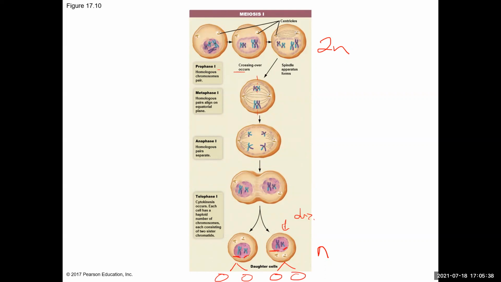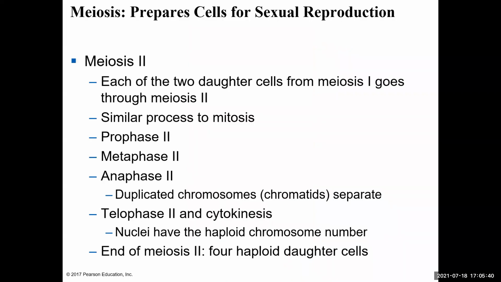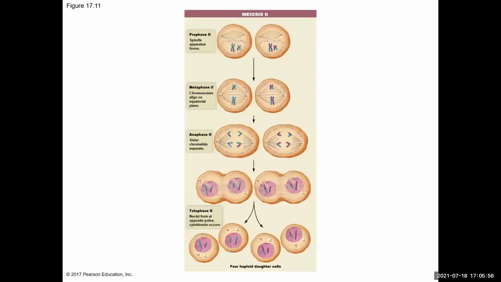And so this is where understanding mitosis really helps, because meiosis 2 is really similar to mitosis. So meiosis 2 involves prophase 2, metaphase 2, anaphase 2, telophase 2, and cytokinesis. And it happens pretty much exactly like mitosis. So you have your chromosomes, your sister chromatids, and the nuclear envelope breaks down.